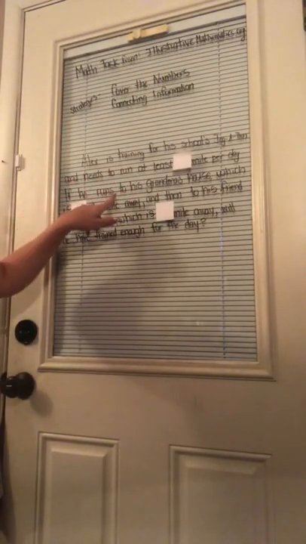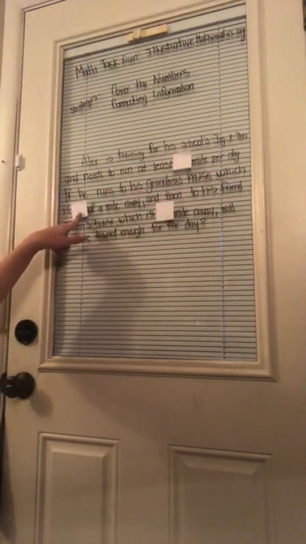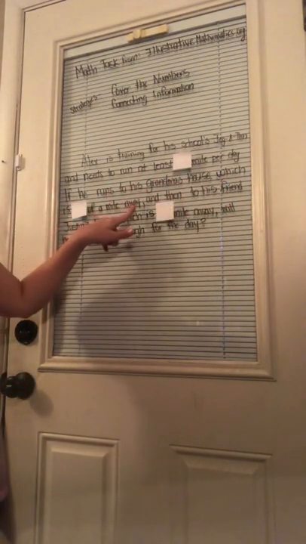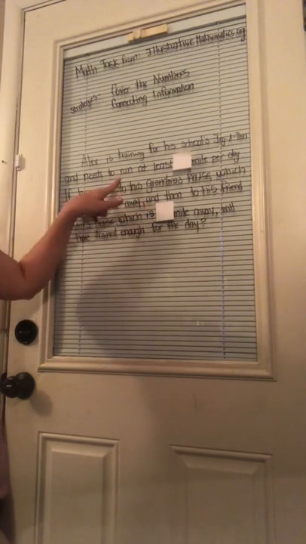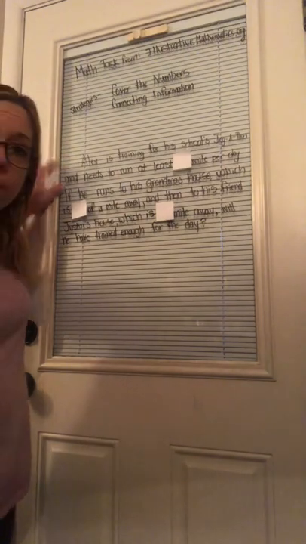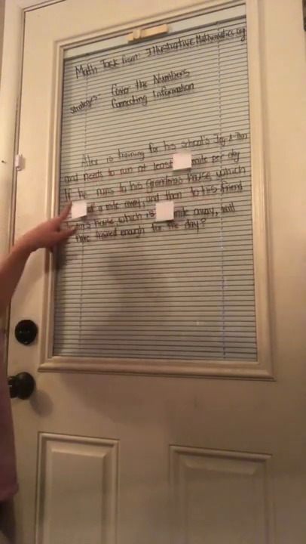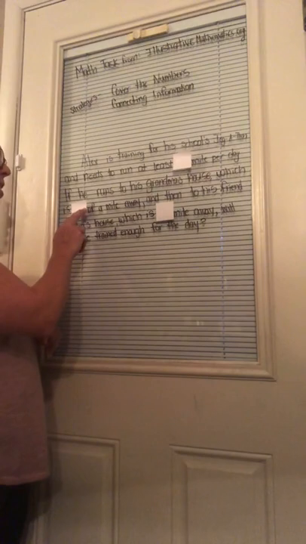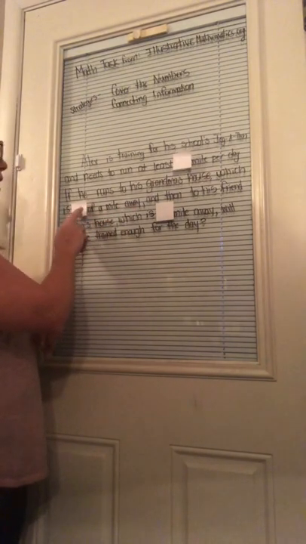Now we know if he runs to his grandma's house, which is blank of a mile away, let's go ahead and stop here. So we know that he has to run a certain amount of miles every day. And now we know if he runs to his grandma's house, it is a portion of a mile away.